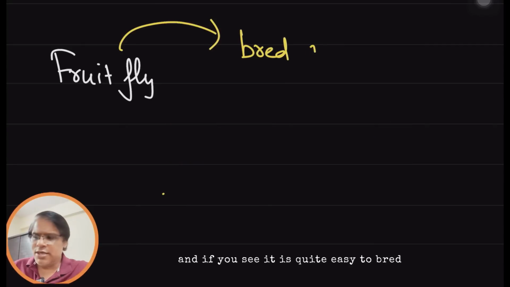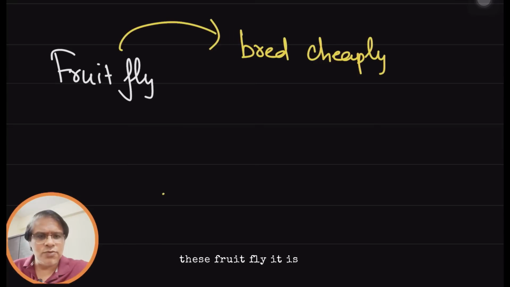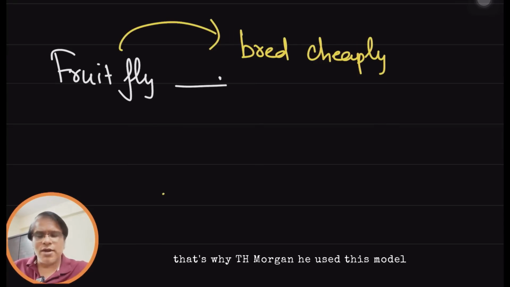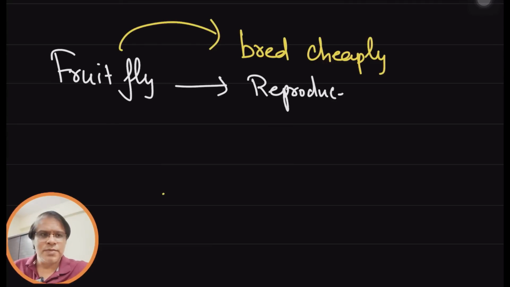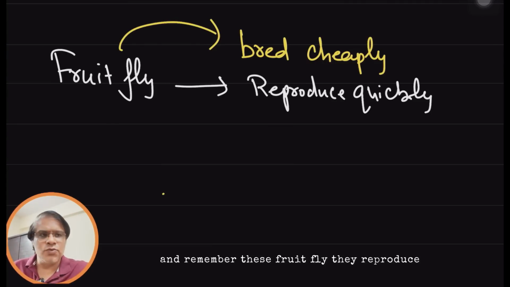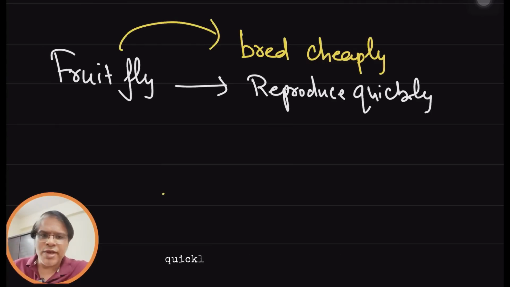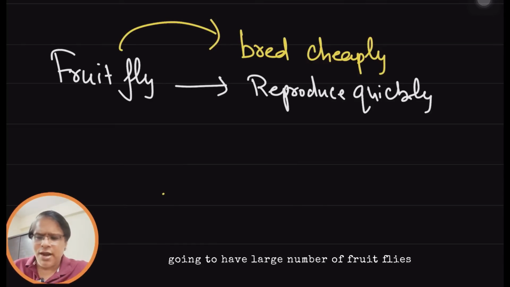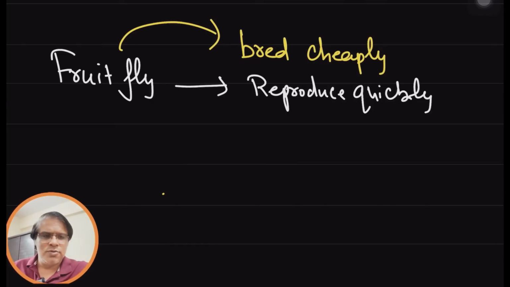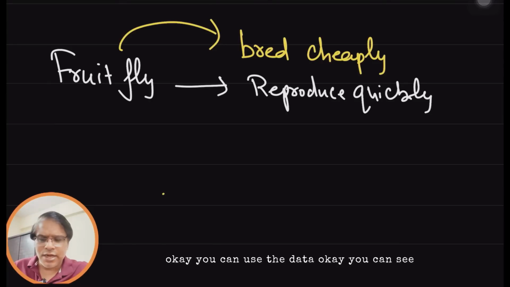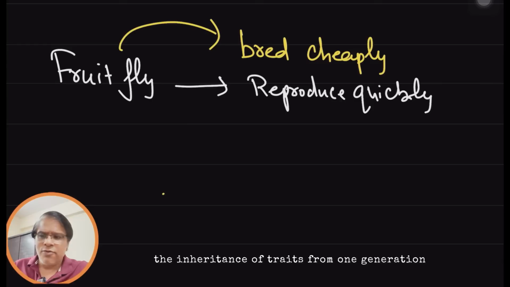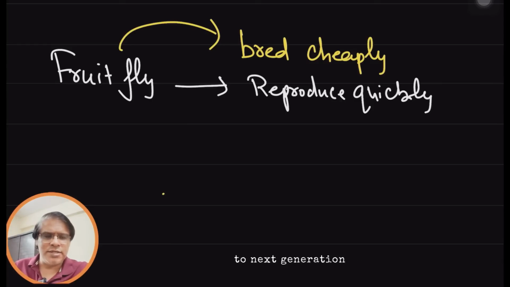It is quite easy and cheap to breed these fruit flies, and that's why T.H. Morgan used this model. Remember, these fruit flies reproduce quickly, so you are going to have a large number of them. You can use the data to see the inheritance of traits from one generation to the next.